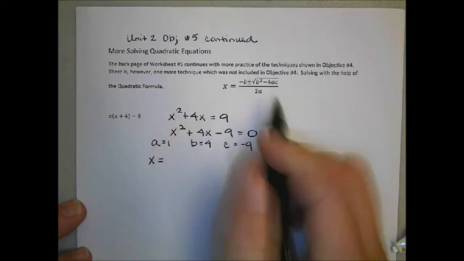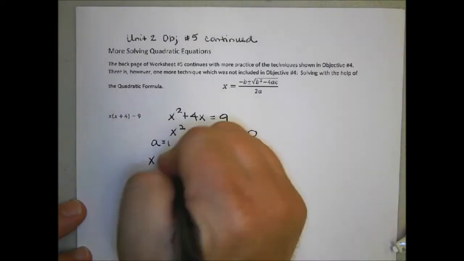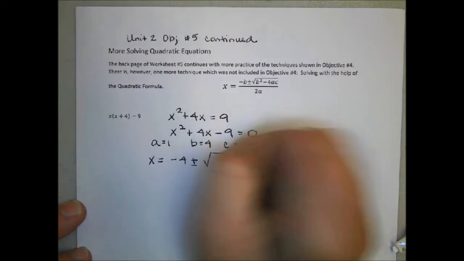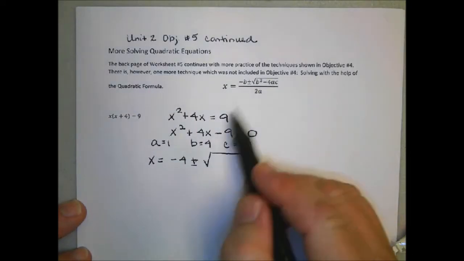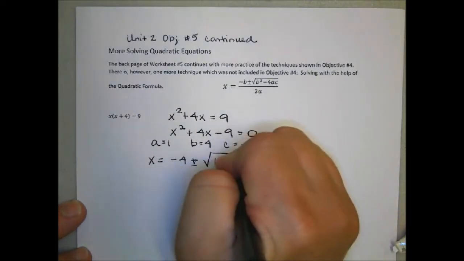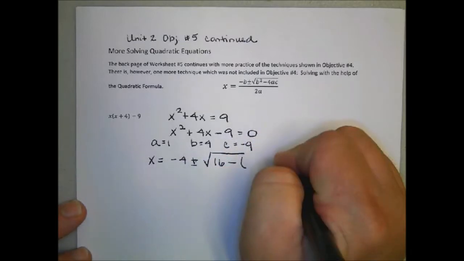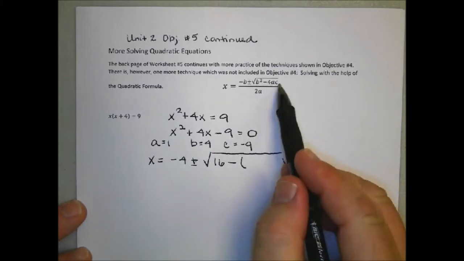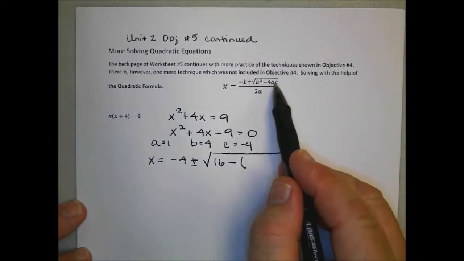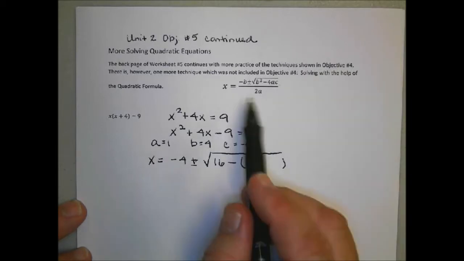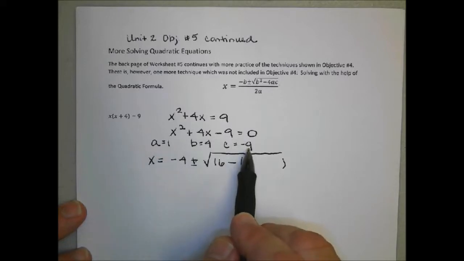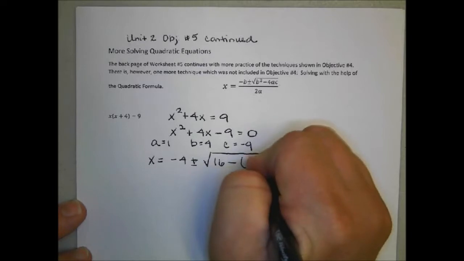x equals opposite b, so this would be negative 4, plus or minus the square root of b squared. Well, 4 squared is 16, minus. Now I like to put 4 times a times c in parentheses because they are all grouped together. You are multiplying 4 times a times c. 4 times the a value, 4 times 1 is still 4, times the c value of negative 9 is negative 36.